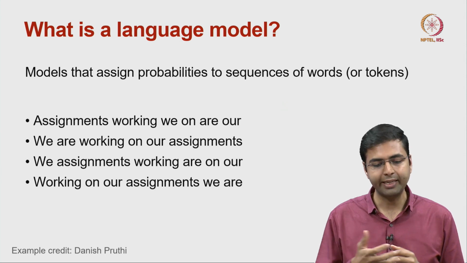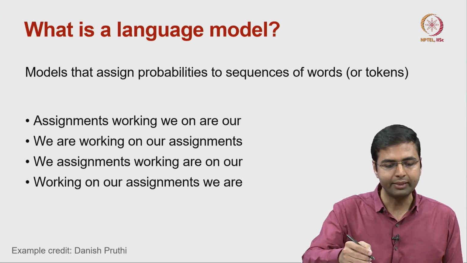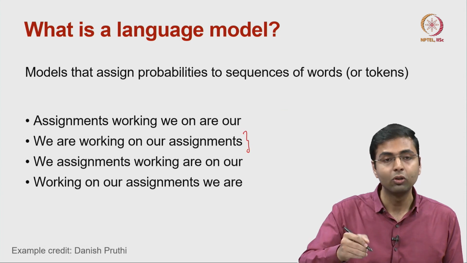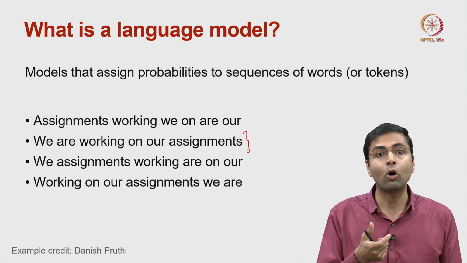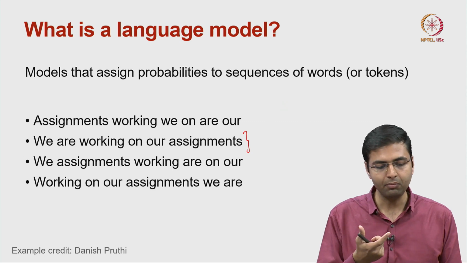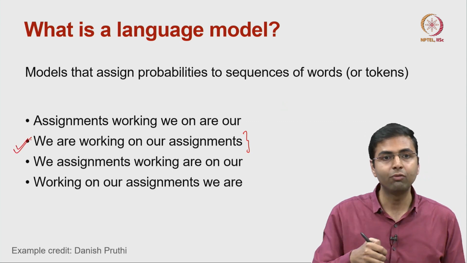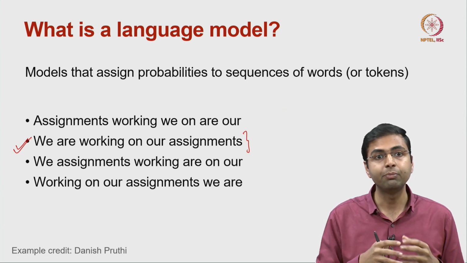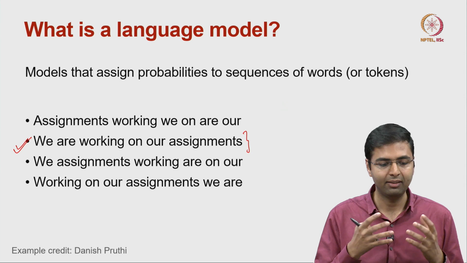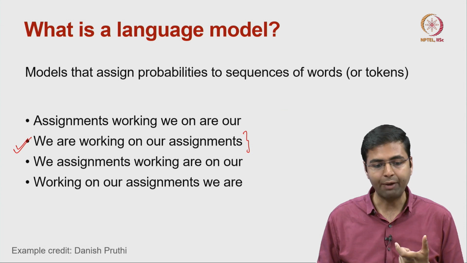It would naturally learn to assign the highest likelihood to this sentence over other sentences, because the other sentences do not follow a proper grammar, right. So in this case, a language model would have learned to assign the highest probability to the sentence which makes grammatical sense, right.